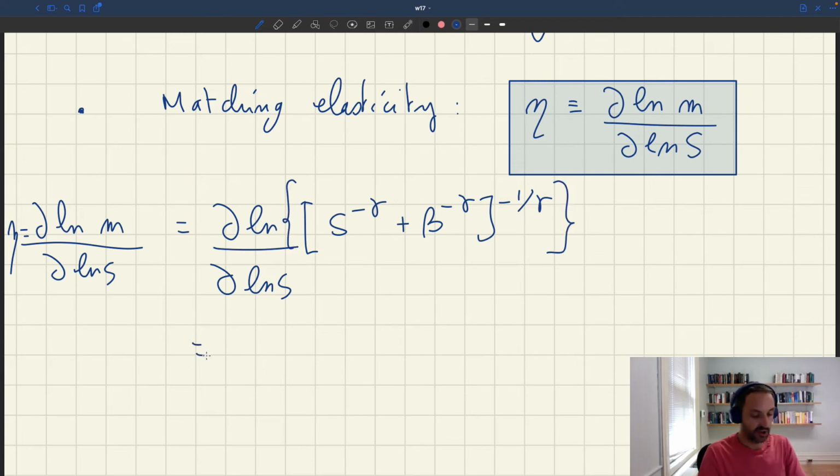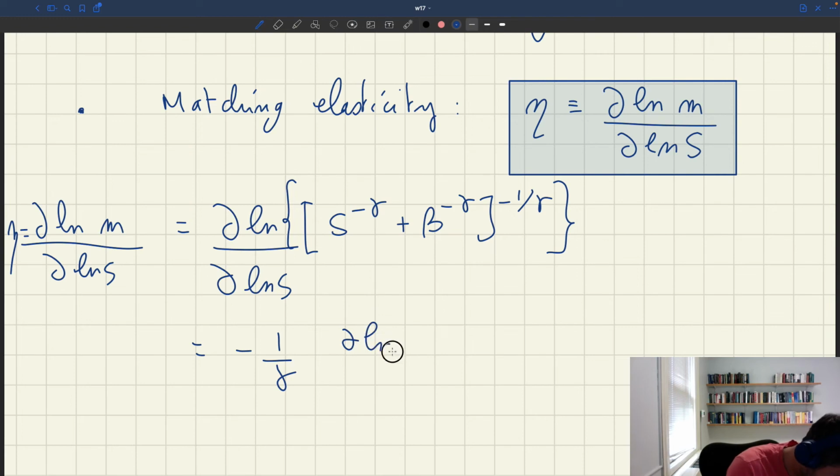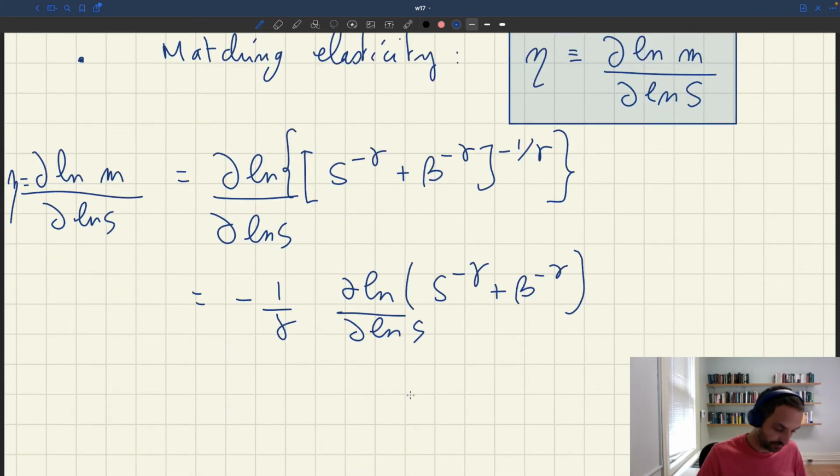All right, so now we know that the elasticity of a function with an exponent is just the exponent times the elasticity of the function inside. So that's going to be minus 1 over gamma times d log of s to the minus gamma plus b to the minus gamma with respect to s.